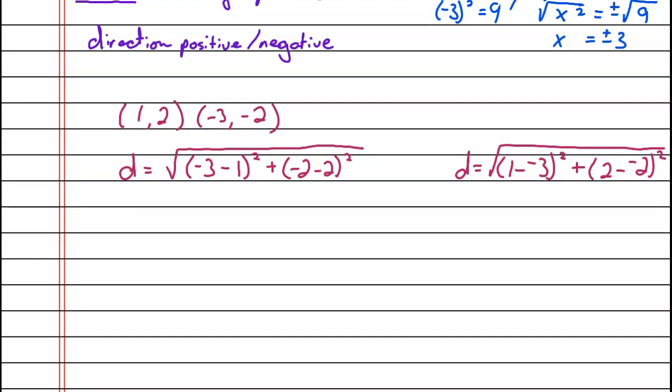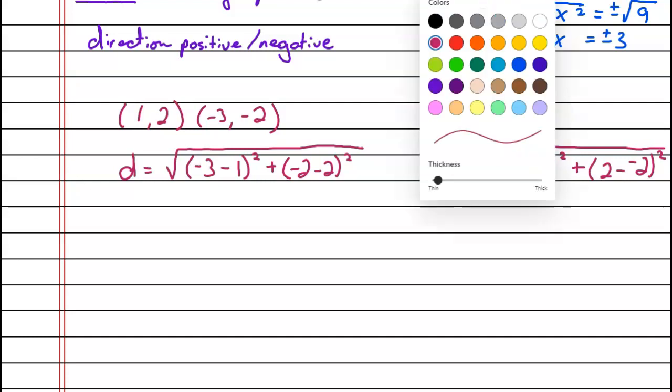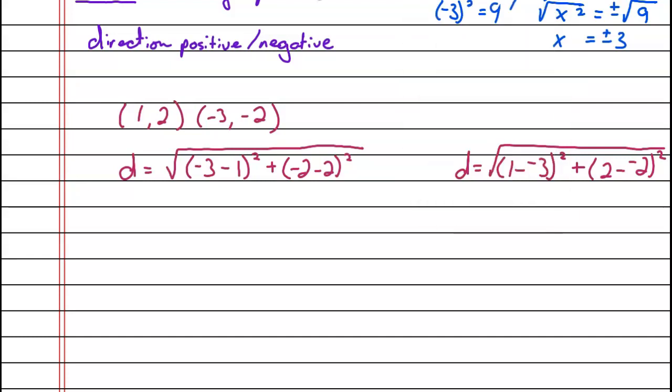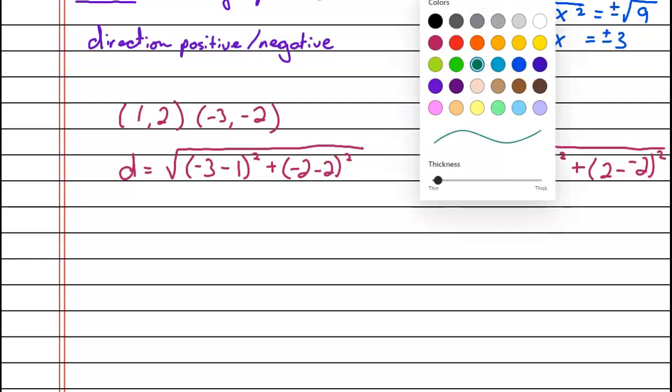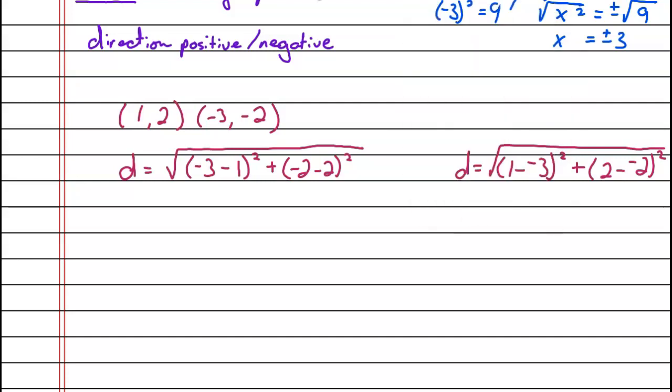Now, as you work these out, don't work these across. In other words, don't keep saying equal, equal, equal on the same line. The reason is because whenever you do an operation, such as I add or subtract these, so negative 3 minus 1 gives me a negative 4 squared, I have changed it in some way.